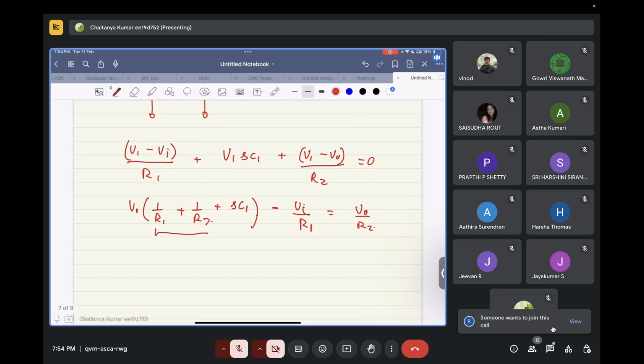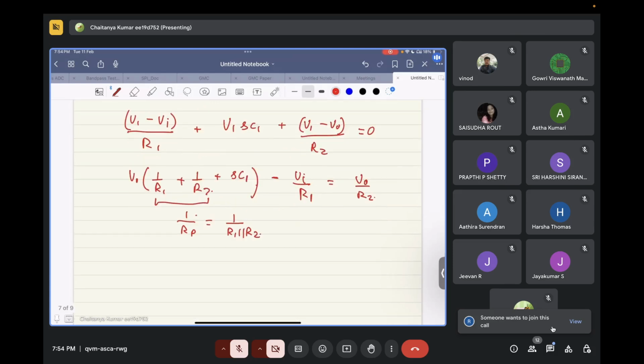So let's call this term 1 by RP. And what is it equal to? 1 by R1 parallel R2. So if we simplify it to that, what we have is V1 times (1 plus sC1 RP) divided by RP is equal to Vi by R1 plus V0 by R2.